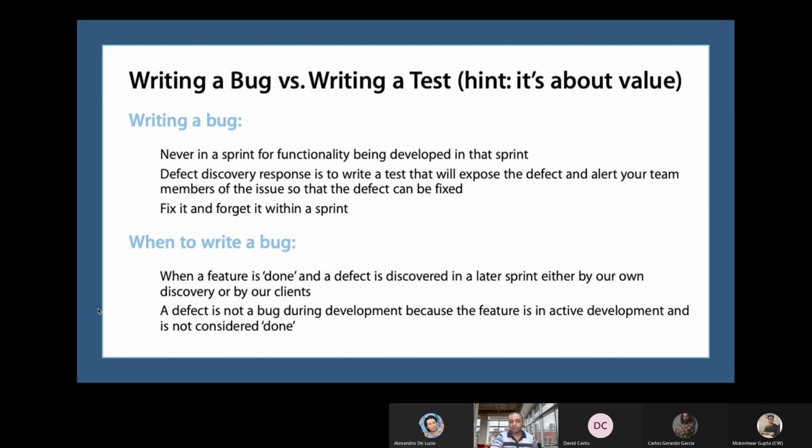That is the concept. Now another thing is when to write a bug. When a feature is done and a defect is discovered in a later sprint, either by your own team or by a client. A defect is not a bug during development, because the feature is in active development and is not considered done.